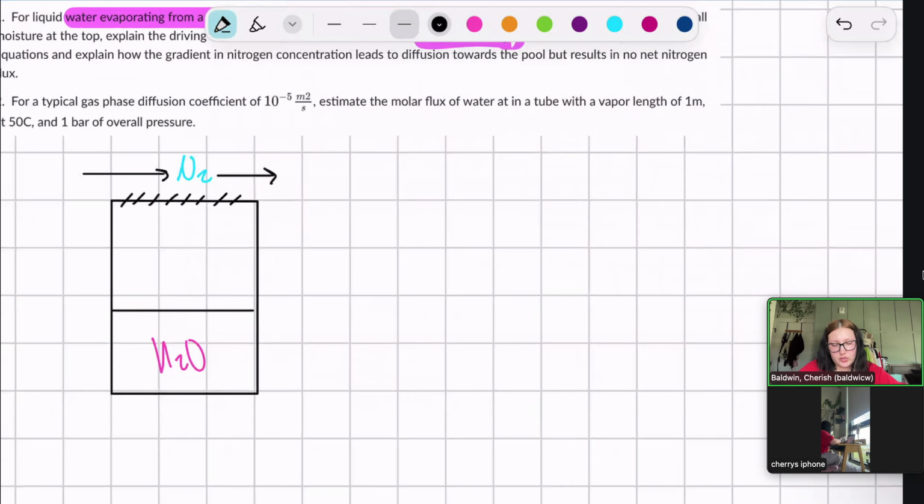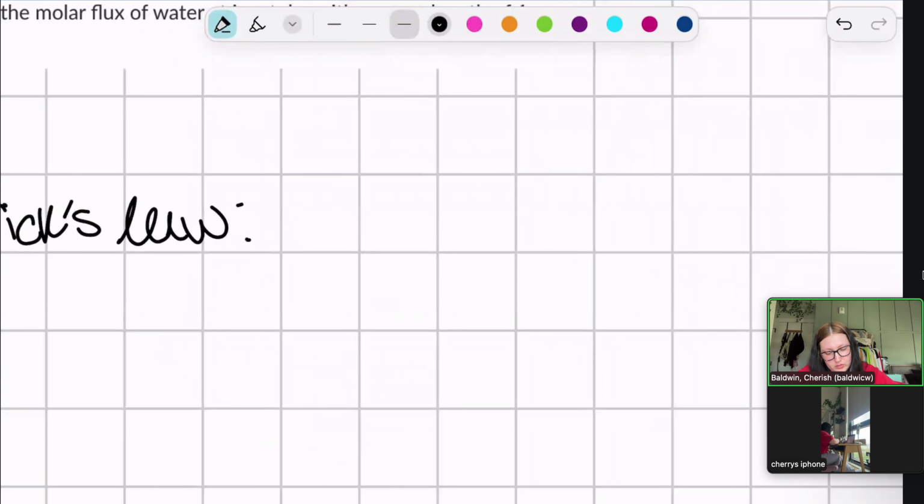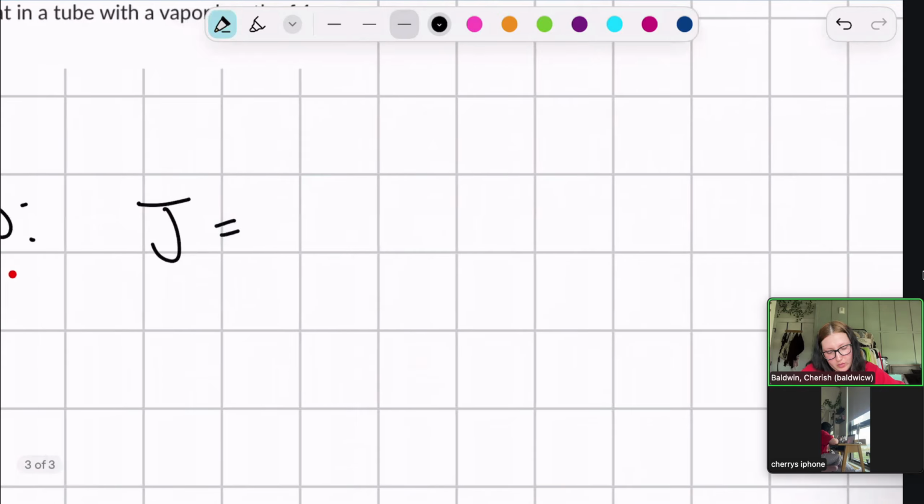So we first start by explaining Fick's law, which is negative molar, not molar, the diffusion coefficient, which is based on whatever certain element.